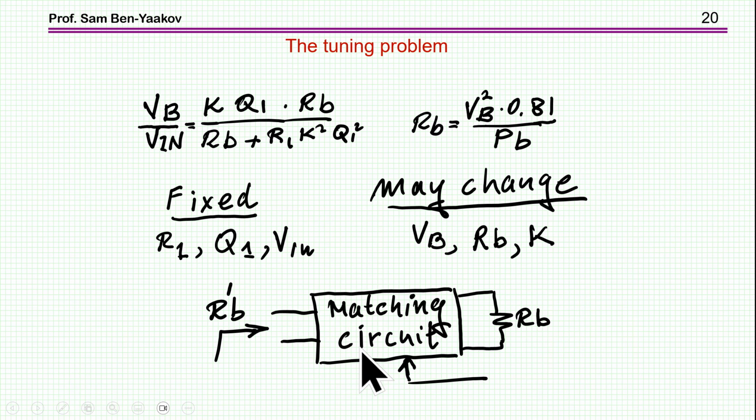Now, this matching circuit could be passive based on, say, capacitors, but this would be for one point, or it could be variable, and this would be a dynamic, active circuit like a converter, okay? A switch mode converter actually is a matching circuit. If you have a load here and you look at the input, you see a different resistance.